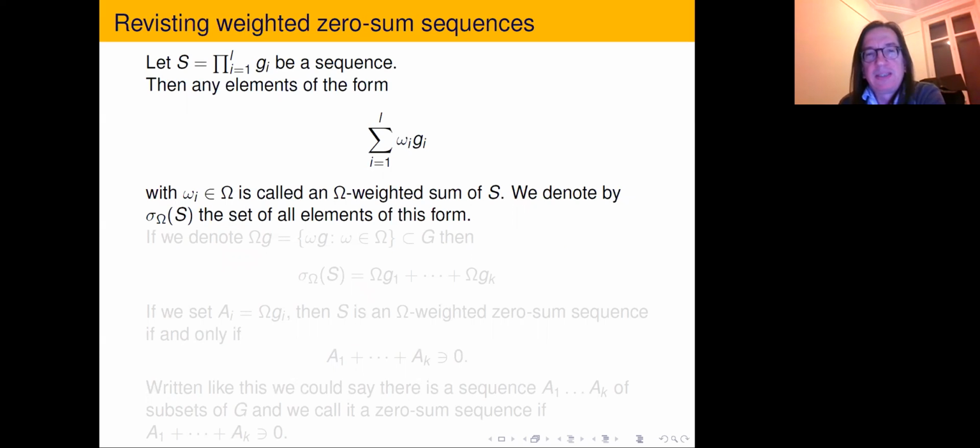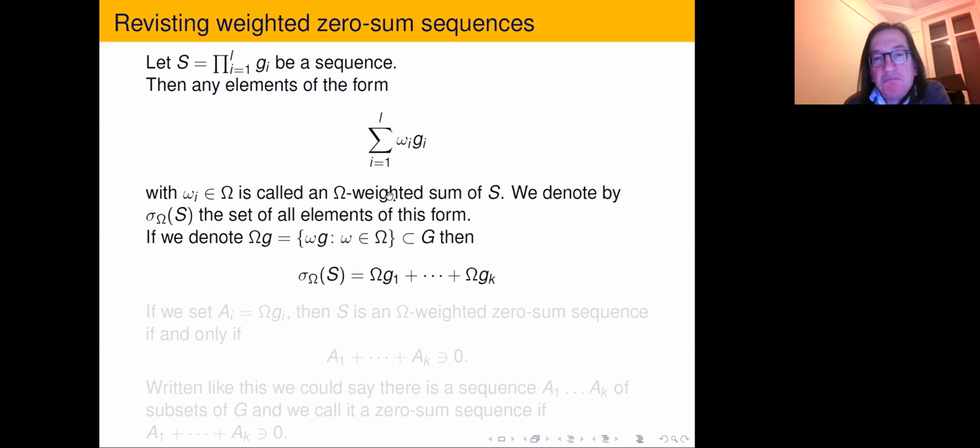So why not look at it slightly differently? If I have a sequence, then this sums omega IGI. So I said this is called an omega weighted sum. But if you denote by capital omega of G the set of all omega G, little omega and large omega, then I can just as well write this set as a sum set of these elements here.